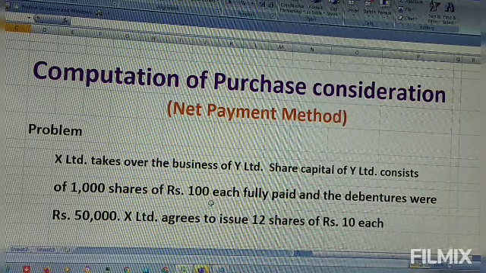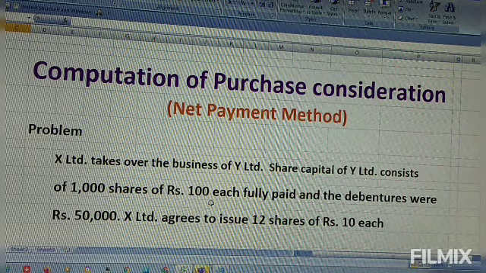Only whatever payment is made by the transferee company to the transferor company is to be taken. If any liabilities like debentures and bills payable are paid by the transferee company directly, then that shouldn't be taken. That's what the net payment method is.